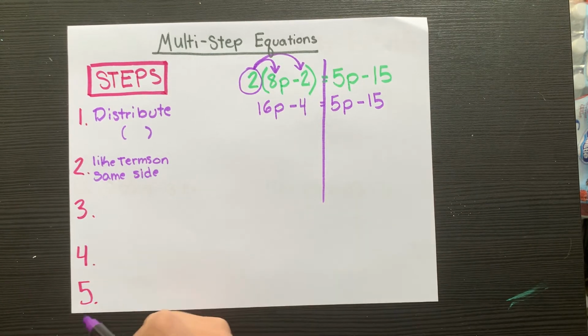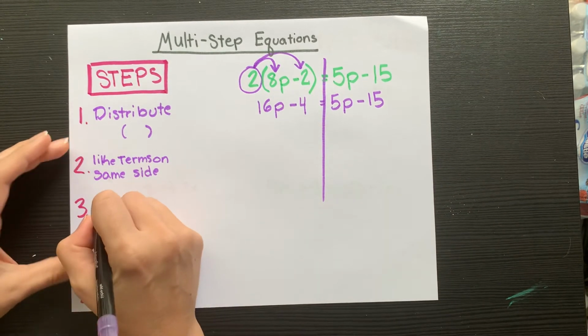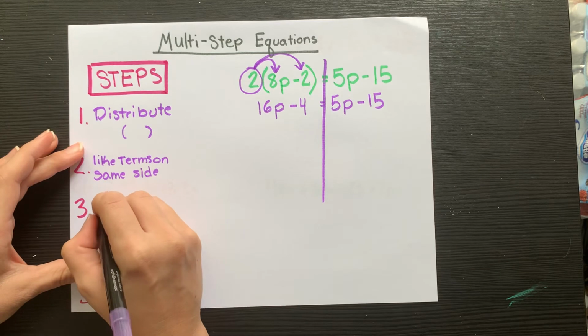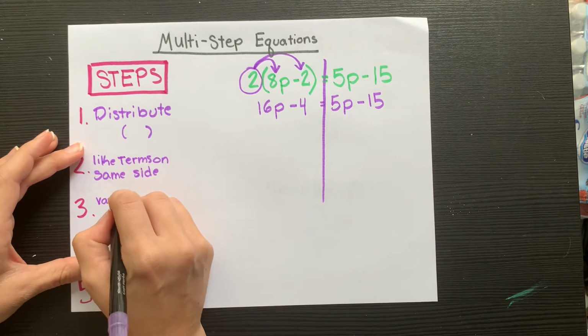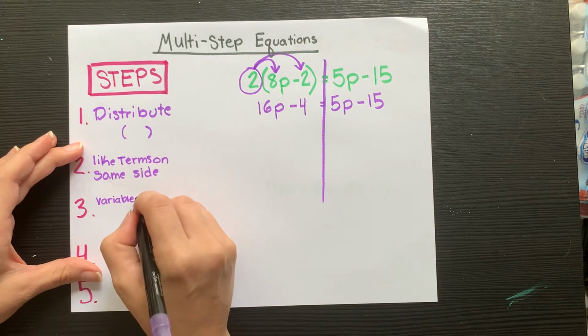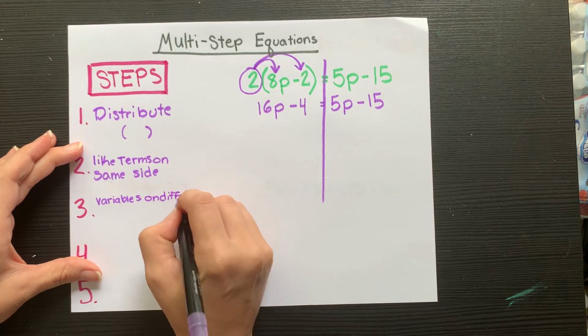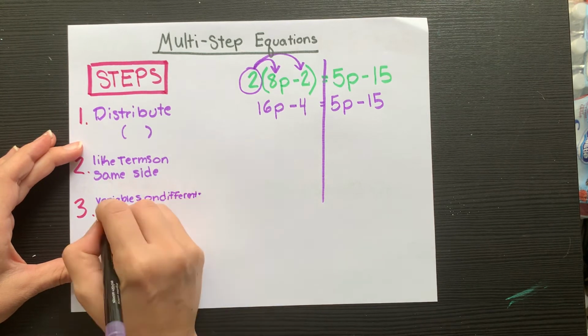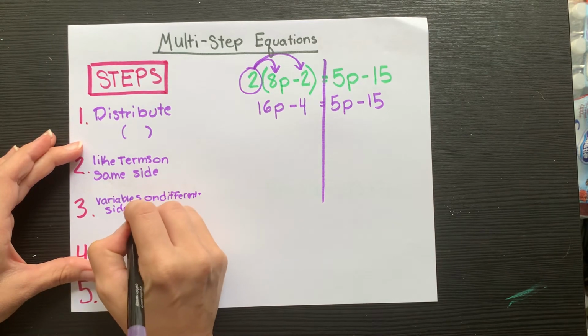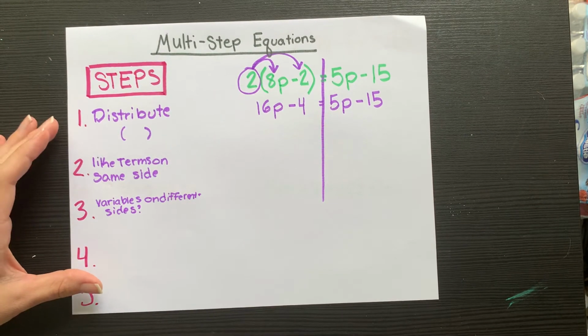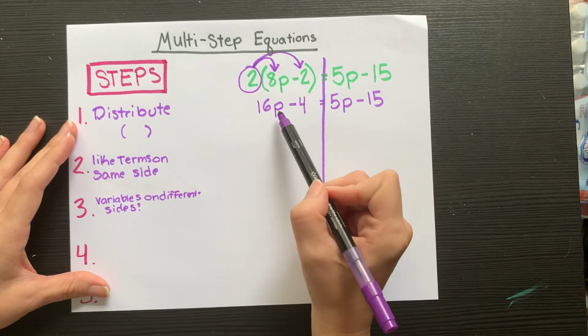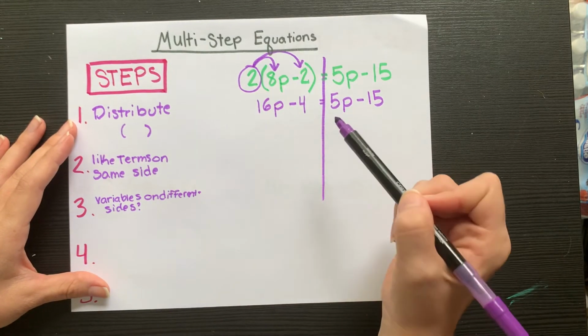So let's go on. The next step is to say, do I have variables on different sides? If you look here, I have a p on this side and a p on that side, so the answer is yes.